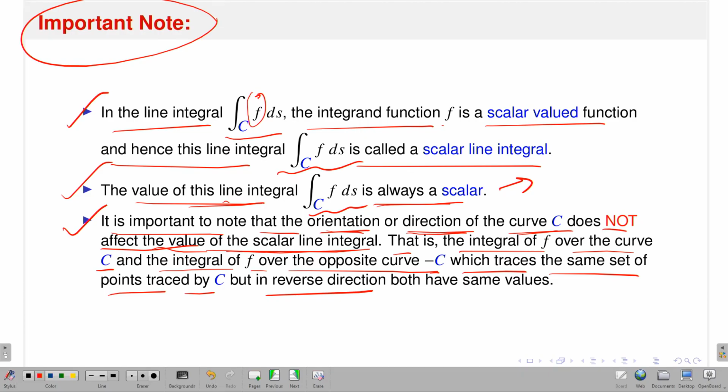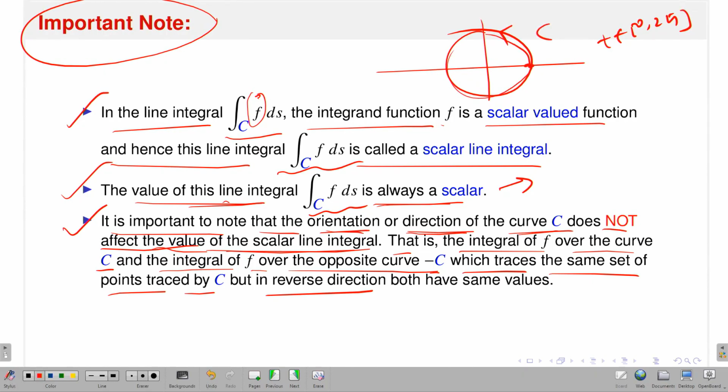It does not matter: even if I take the opposite direction, the value of the scalar line integral will be the same. For example, take a circle with parameterization t from 0 to 2 pi, and call this curve C. If I go in this direction, whatever value I get, if I go in the reverse direction, I get the same value.